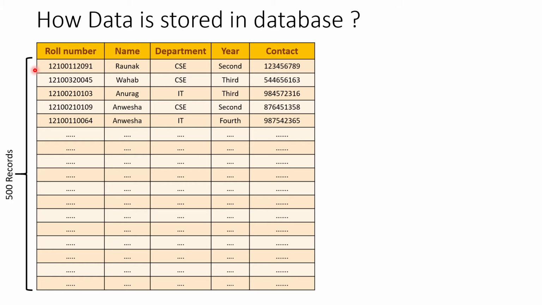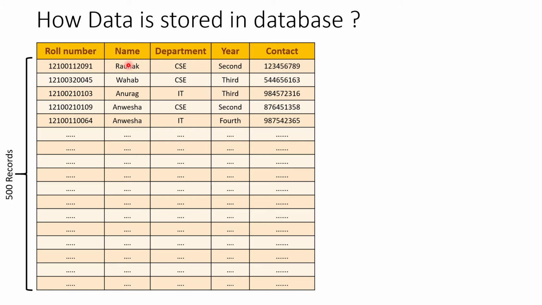This table consists of a number of rows and a number of columns, which we call attributes. And there is some interesting information in this table. If I want to uniquely identify each and every record in a particular table, then which attribute or set of attributes will you take?